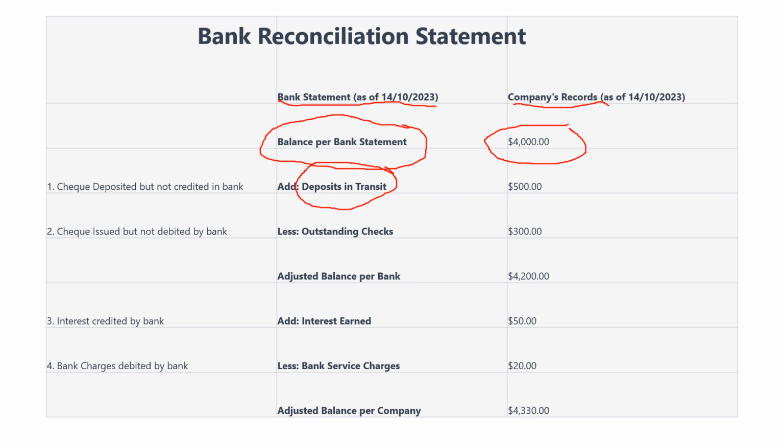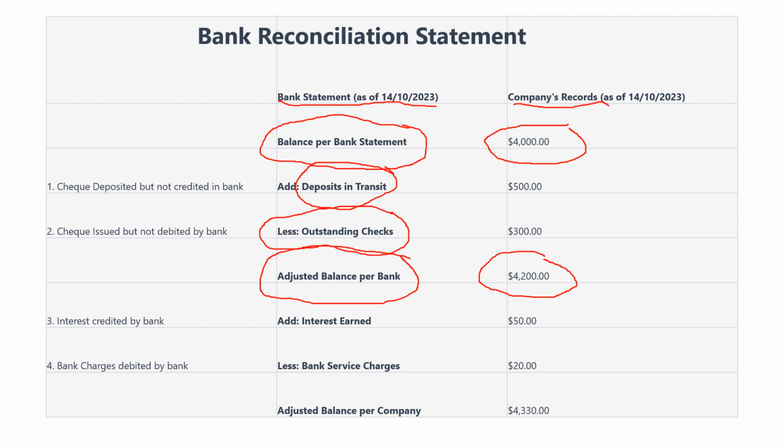So that's why it has been deducted from your balance, and the check amount is $300. So after adjusting these two items, this is called your adjusted bank balance as per bank, which comes to 4,200.